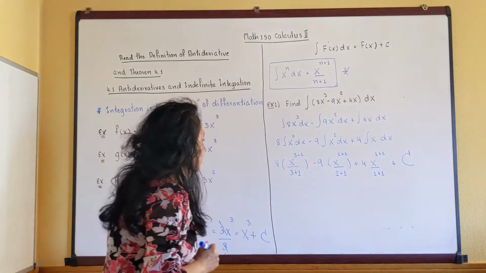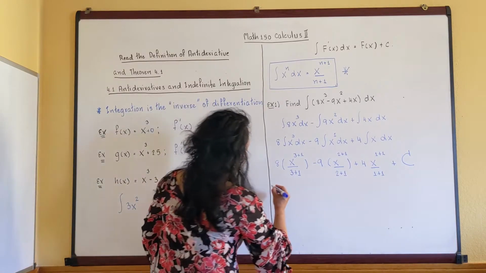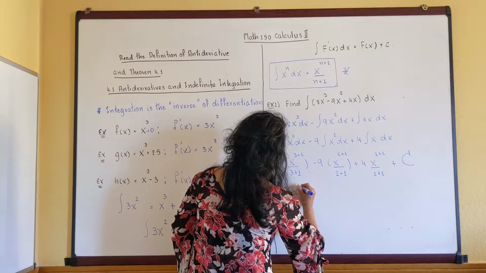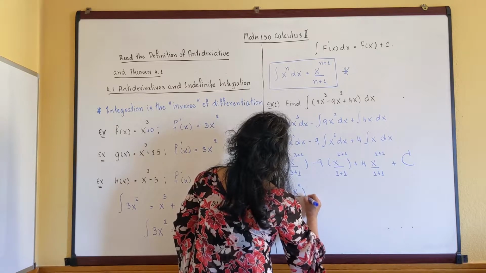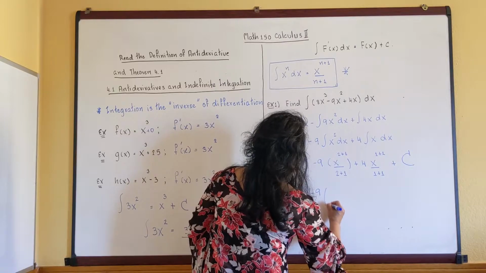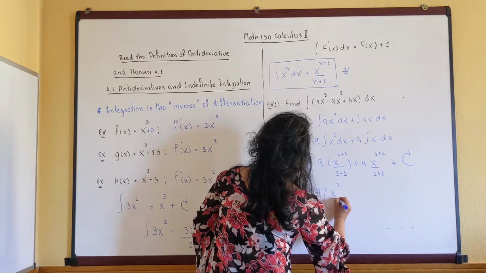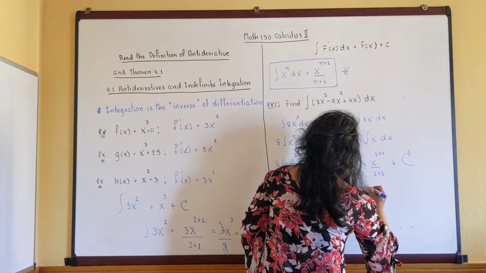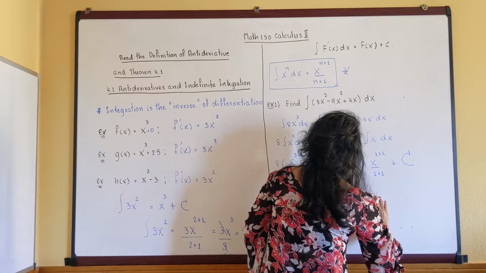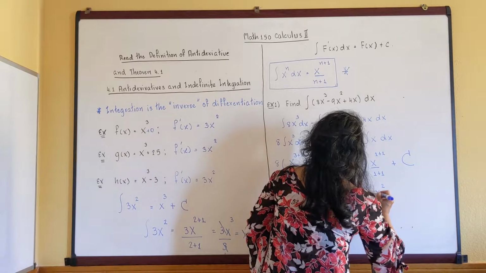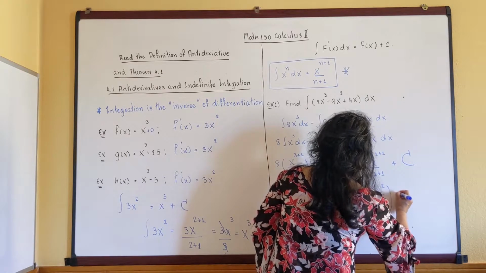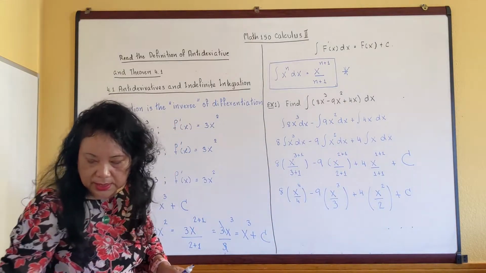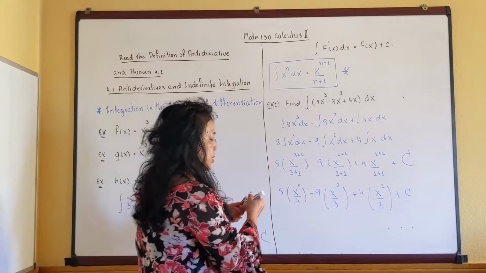Alright, so I'm going to simplify a little bit. I'm going to have 8 times x to the 4th over 4, minus 9 times x to the cube over 3, plus 4 times x squared over 2, plus C. And I can reduce this because they are multiplied.